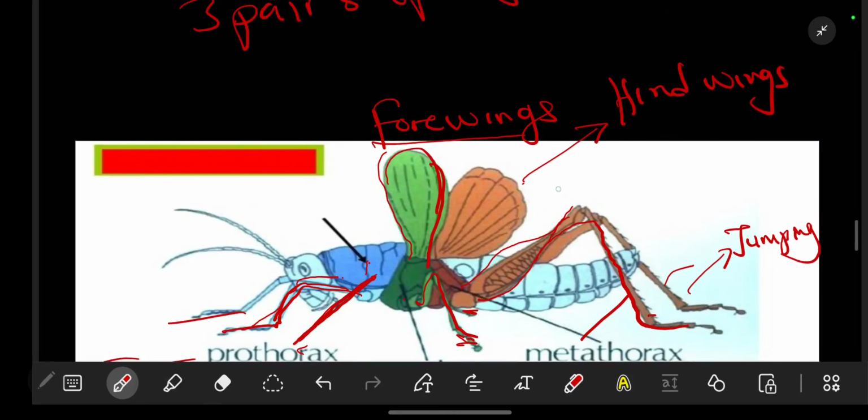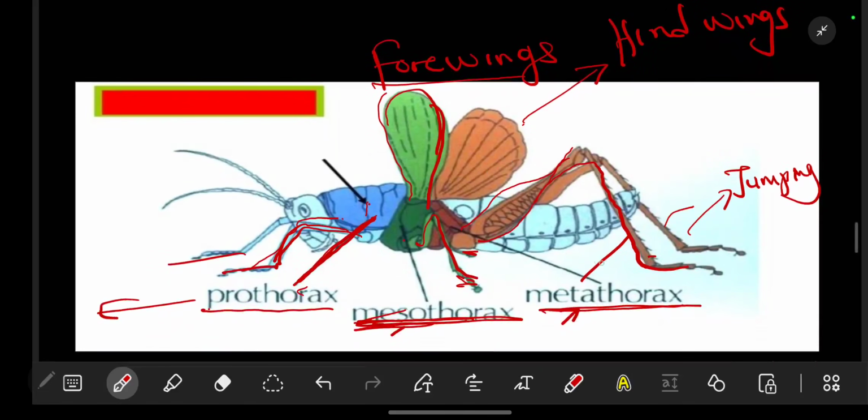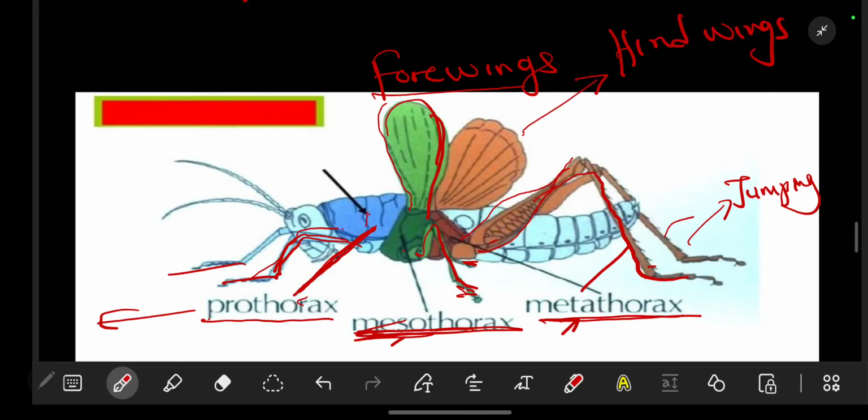Then we have the hind wings, the ones found at the back. Then the metathorax has the hind legs attached. These legs are used for leaping, to be able to jump over long distances. You can even see how strong their muscles are. So that's that. Let's move on to other things.